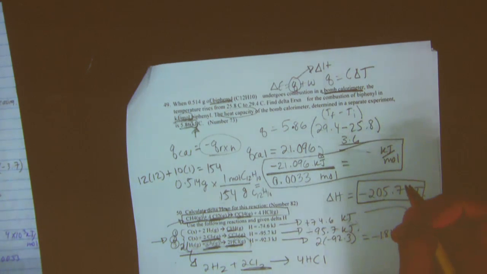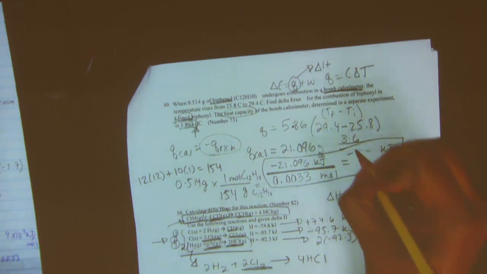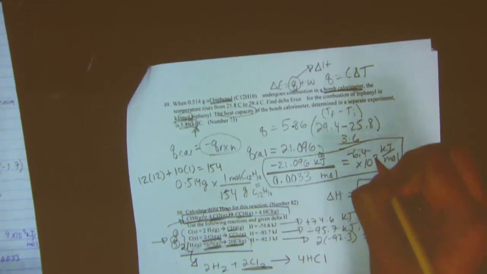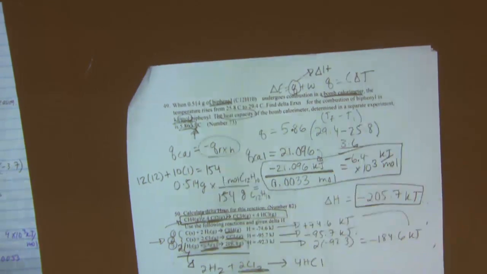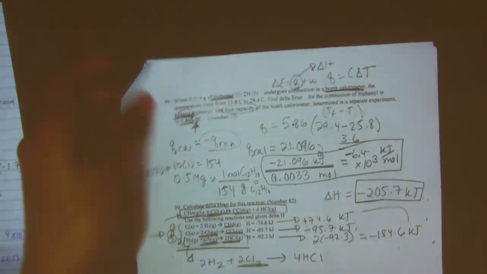Okay, so she said negative 63 something, so I'm just going to condense it down to negative 6.4 times 10 to the third. Usually if it's a longer number, your answer will be given in scientific notation. So make sure you know how to go back and forth on your calculator with scientific notation. Okay, awesome.